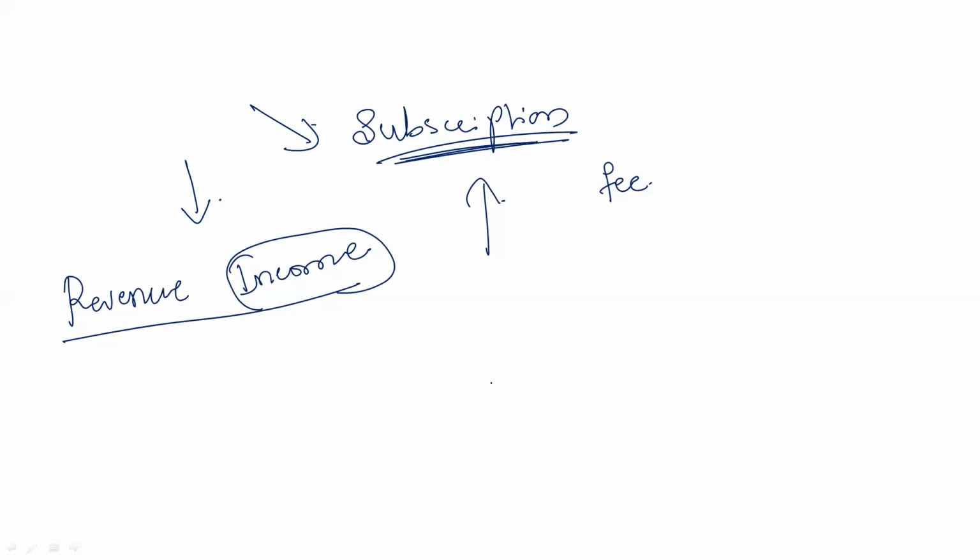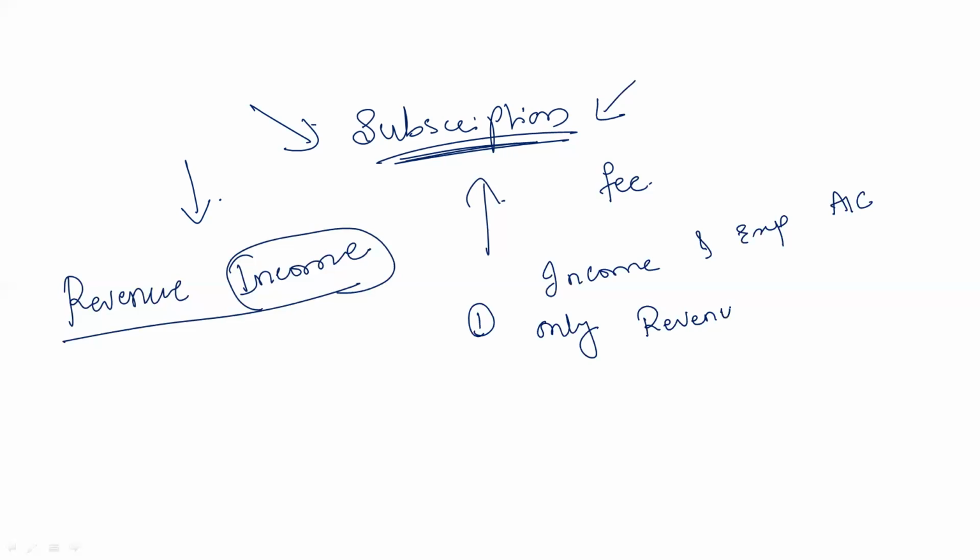There are certain things that we need to remember for taking the subscription amount in the income and expenditure account. First, in the income and expenditure account, only revenue items are taken.